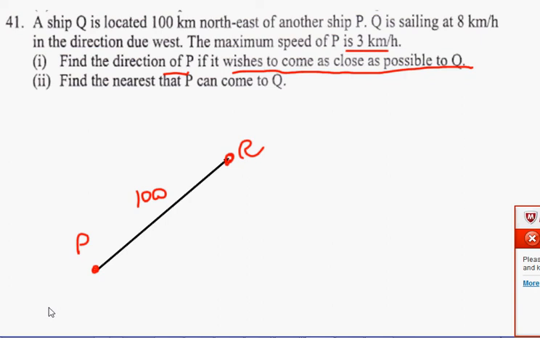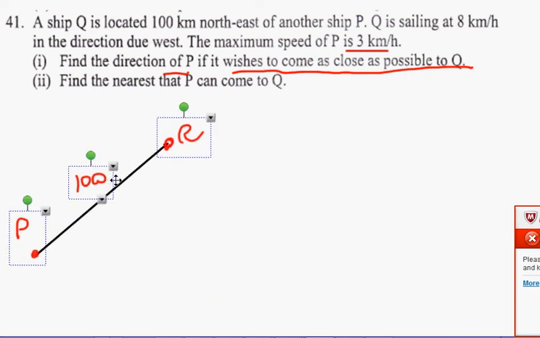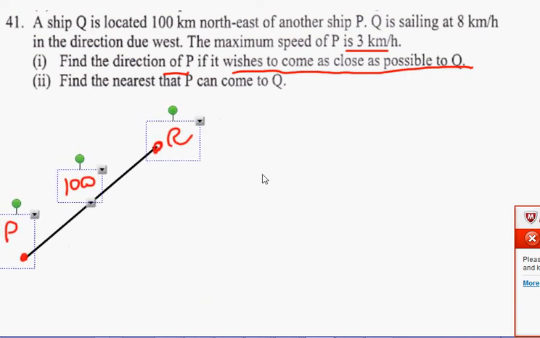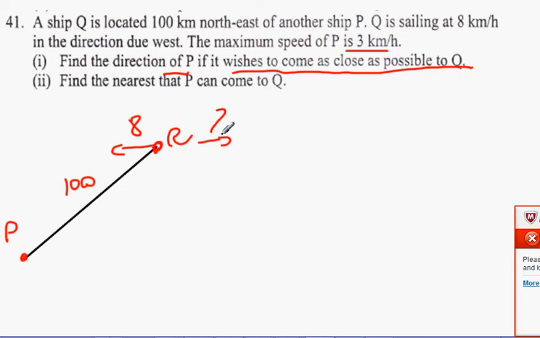Now, what we also know is that Q is sailing 8 kilometers an hour westerly. It has to be sailing back in towards P, otherwise the start of the question is going to be the closest distance. So that's why it has to be sailing back in towards P.